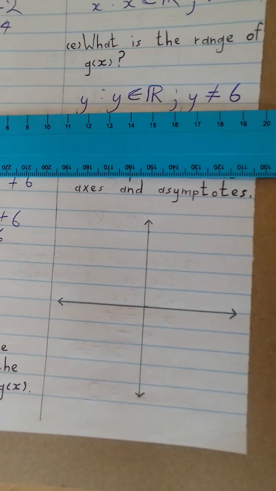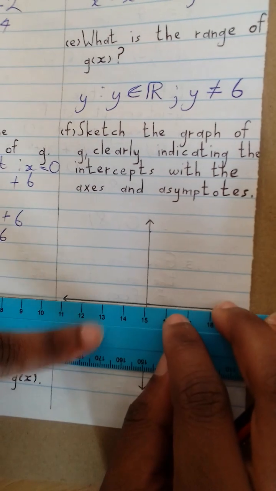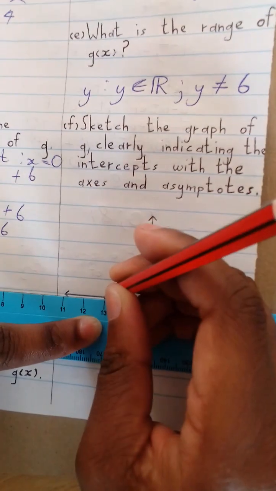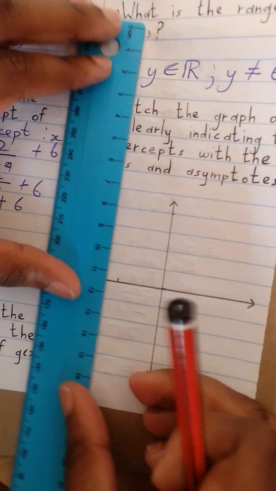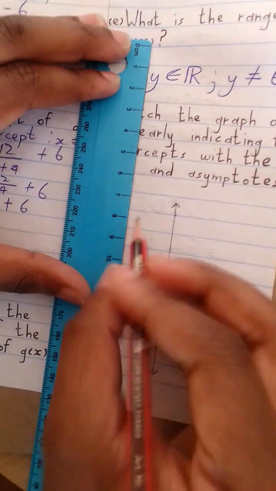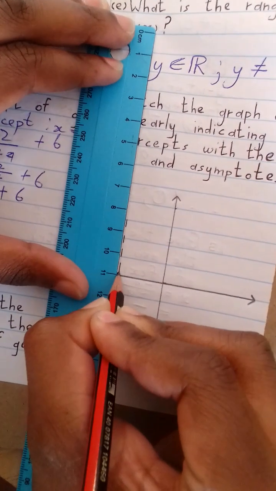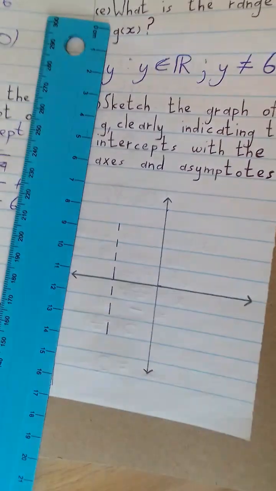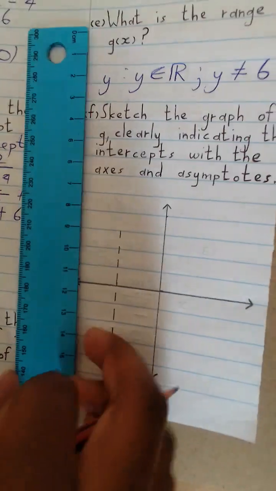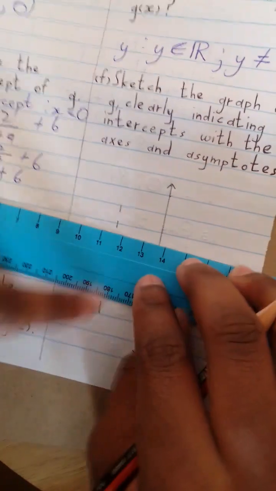Start with the asymptotes. X is not equal to negative 4. Let's put it here. Y is not equal to 6. Let's put it here.